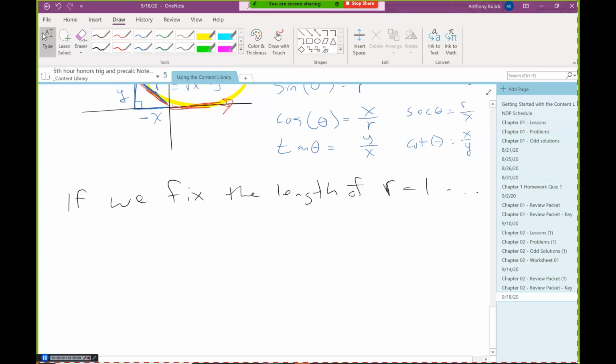What shape do we form if we talk about the points that are all a fixed distance from another? It's a circle, right?